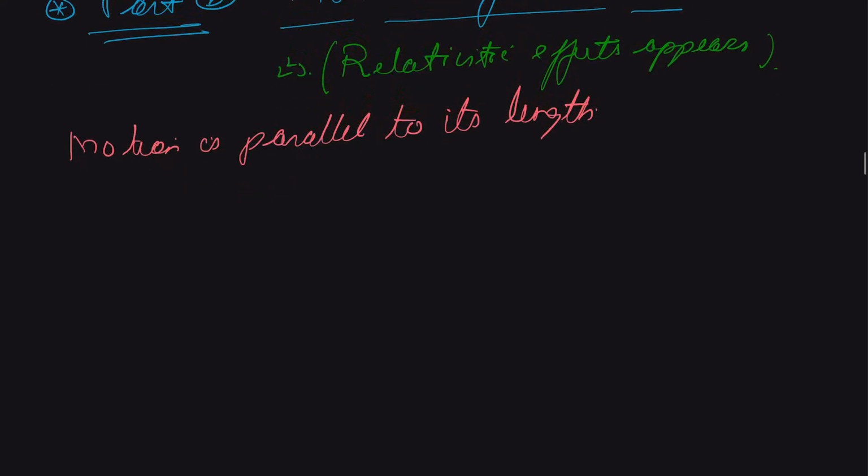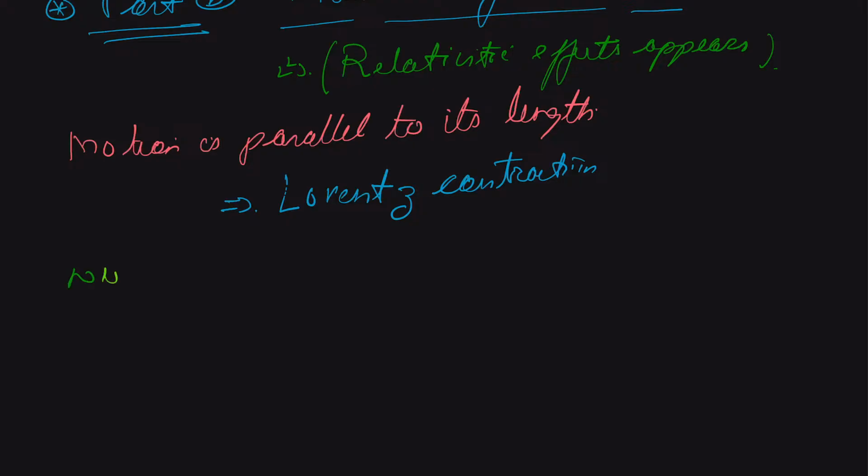And under this condition, one important concept comes into the picture, that is called the Lorentz contraction. So this results in our Lorentz contraction. And this Lorentz contraction will be resulting in a new length.